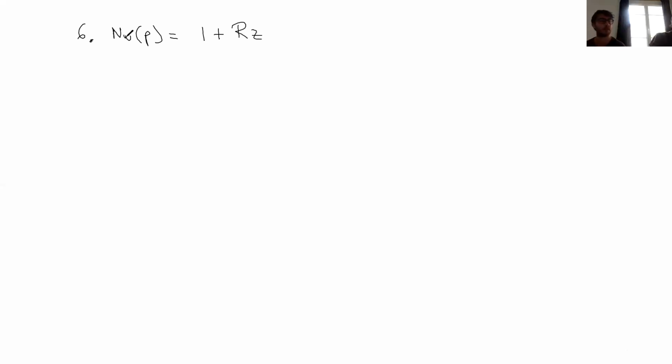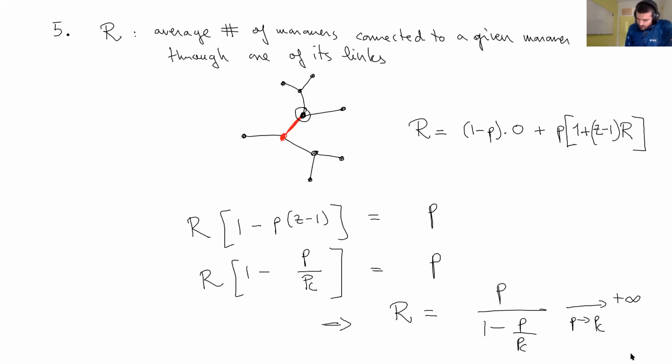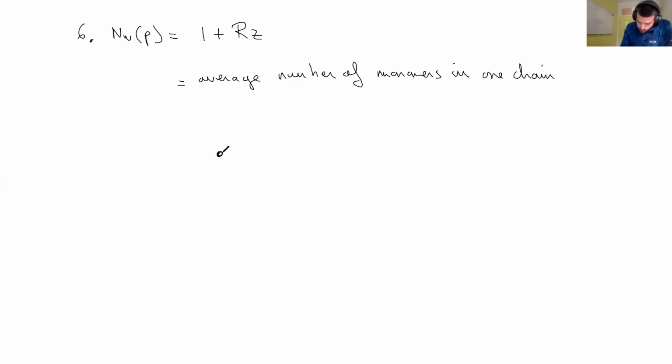So again, NW is the average number of monomers in one chain, one given polymer, weighted by the mass, okay? And so we know now that typically this guy, through this bond, is connected to R units. So now I take the monomer I'm considering.